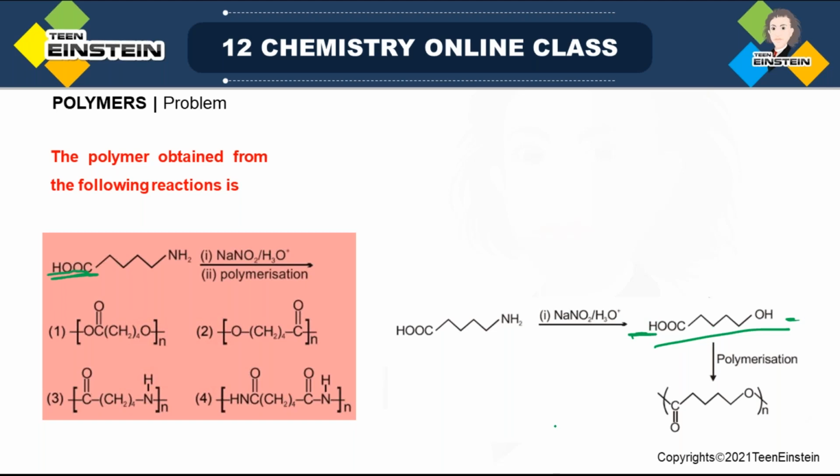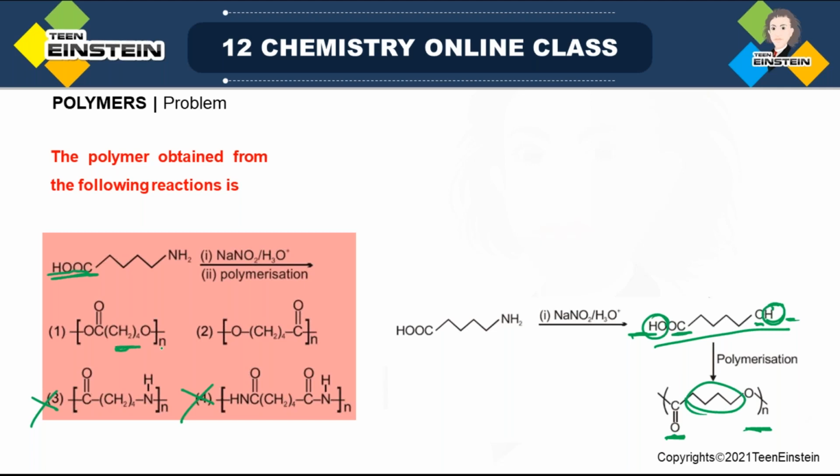Now if this is the monomer, obviously in the polymer structure nitrogen cannot be present. So these two you can easily cancel. Now you are stuck between option 1 and option 2, right? So how to understand the repeating unit? In this case, this H will be taking part in reaction, and on the CO2H side, OH will be taking part in reaction. That means in the repeating unit, there will be a carbonyl group and oxygen like this, and in between there will be a total of 1, 2, 3, 4 carbon chain.